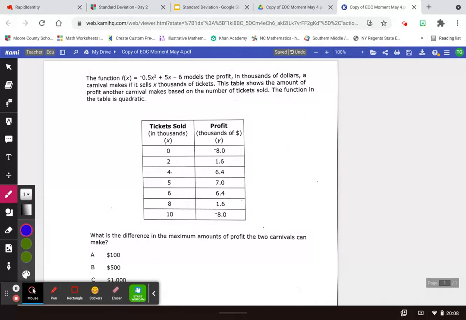All right, first of all, it tells us here that the function in the table is quadratic. We also read here that the difference in the maximum amount of profit, okay? And we also see here that this is a negative quadratic, which means it is opening downward. So if I were to draw myself a picture of what this looks like, I basically have a quadratic, and here's the parabola.